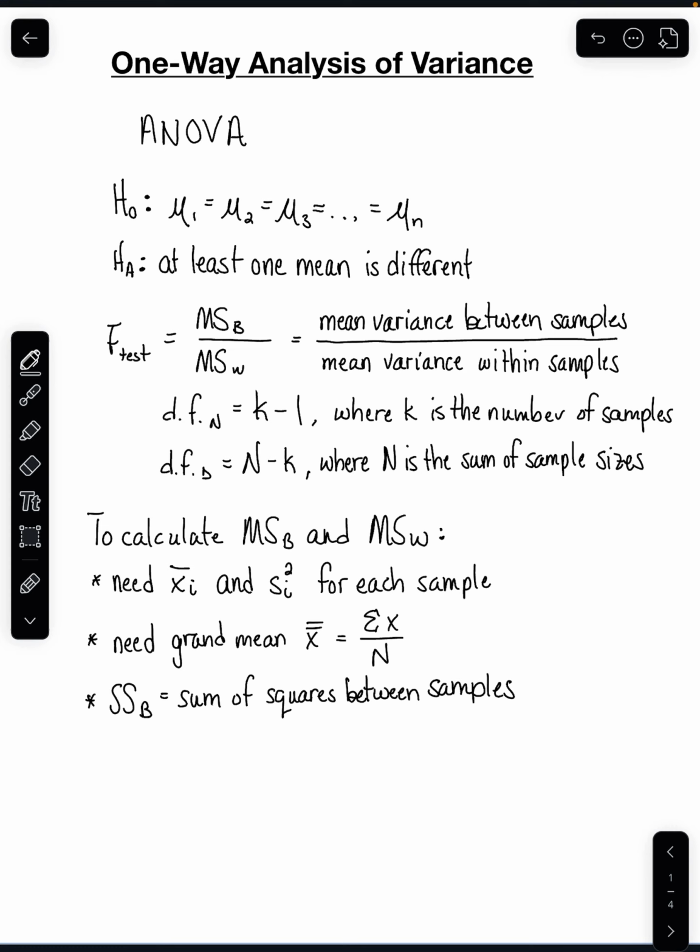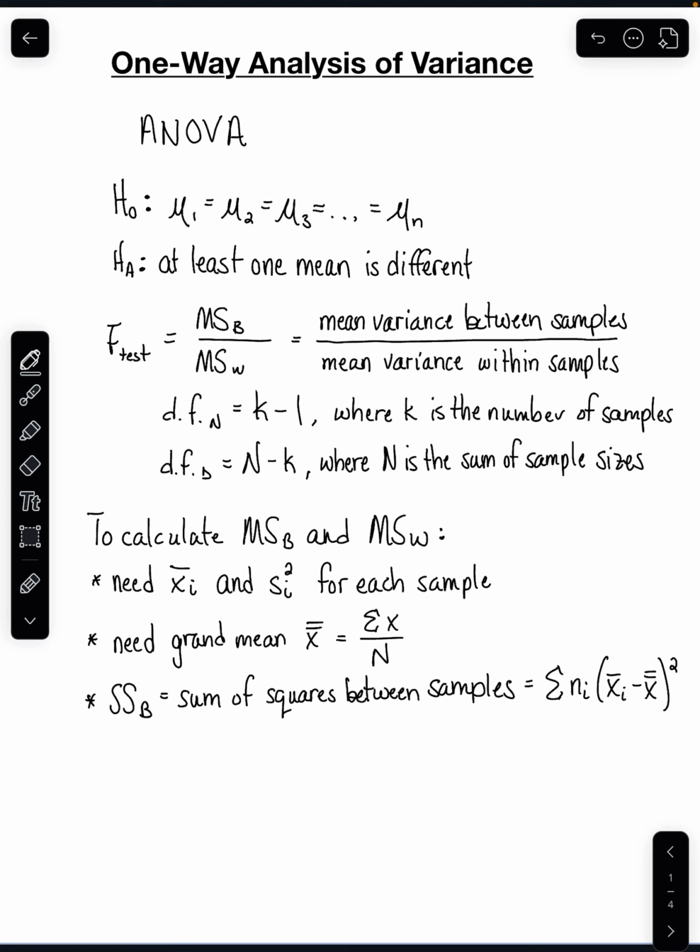And that is going to be the sum of each sample size times the squared deviation of its particular sample mean from the grand mean.